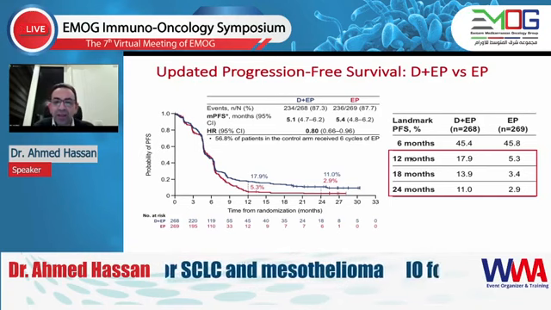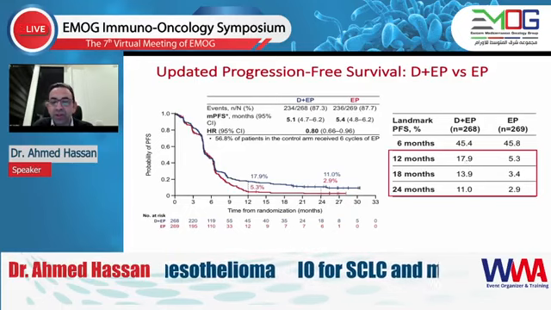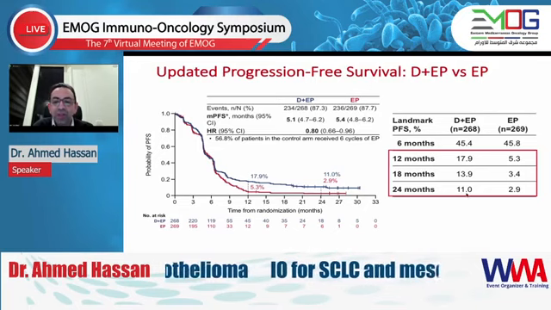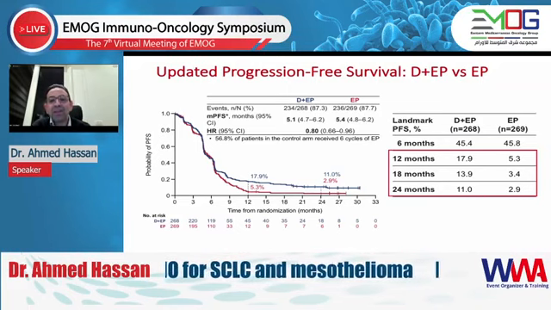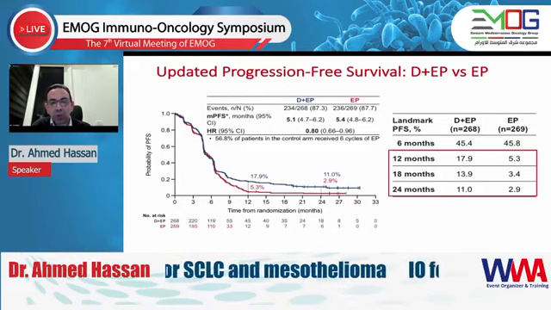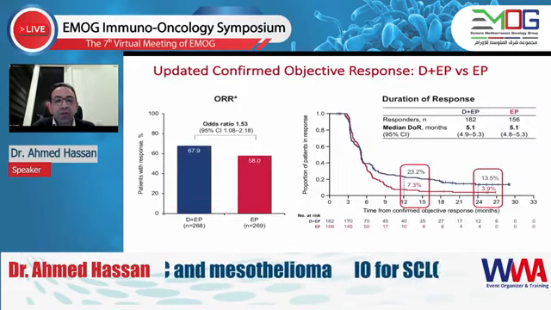So if you look at the time intervals down the line, you'll find that at 12 months, 17.9% did not progress versus 5%. At 2 years, 11% did not progress versus 2.9%. So those long-term responders are the ones which demonstrated the maximum benefit in terms of disease control and survival. What about response rates?